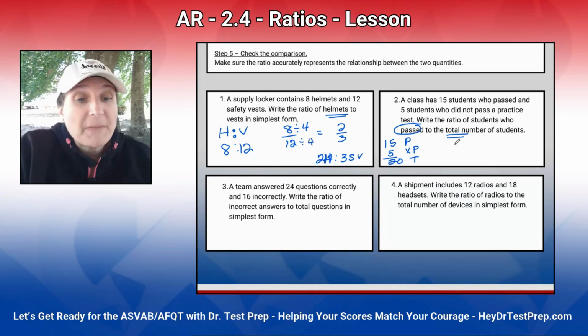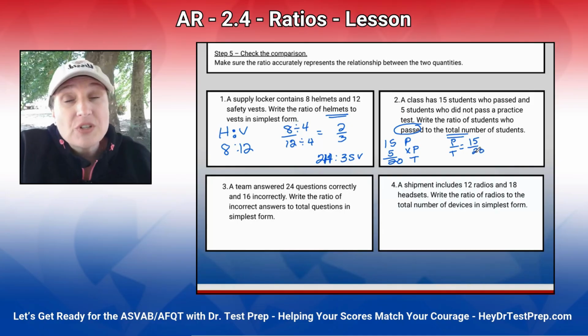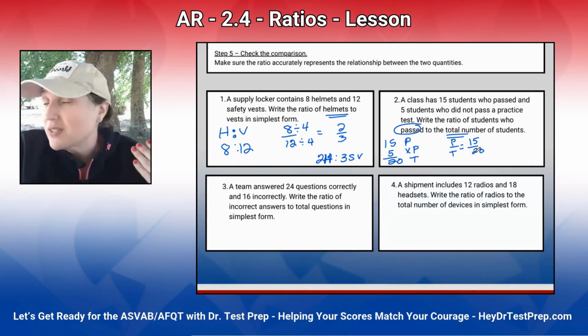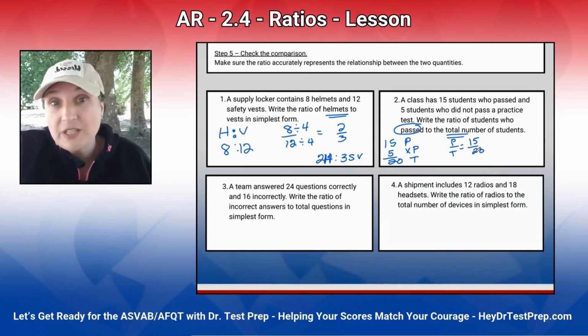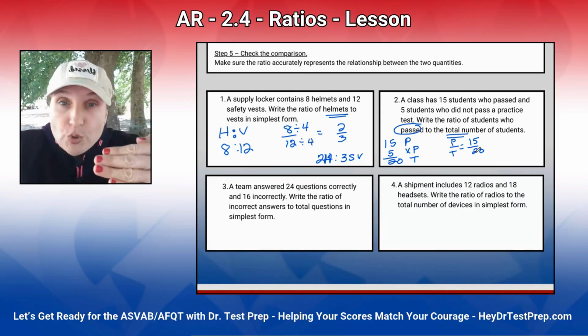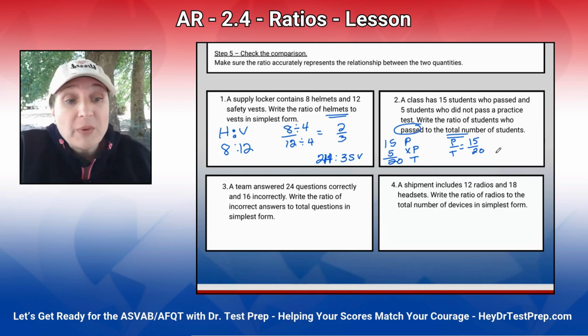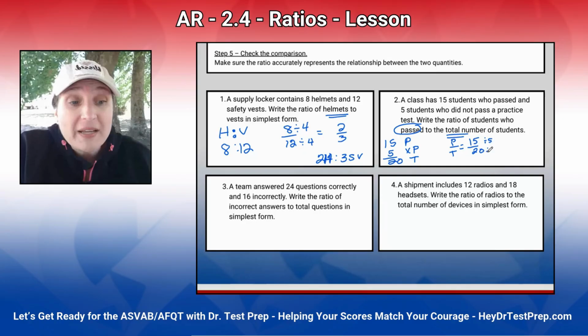So passed to total is 15:20. We usually say "to" for ratios. We don't say 15/20ths, we say 15:20. Then we can reduce both of these by dividing the top and bottom by 5. So my ratio is 3 passed to 4 total students.